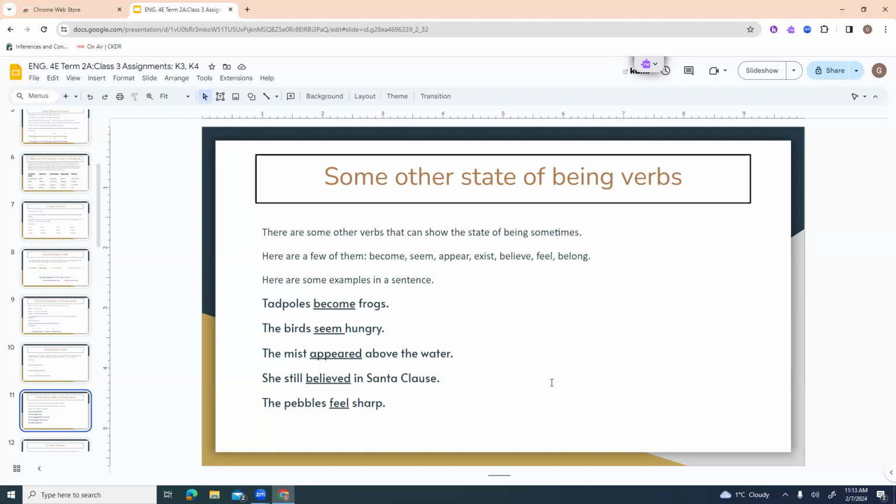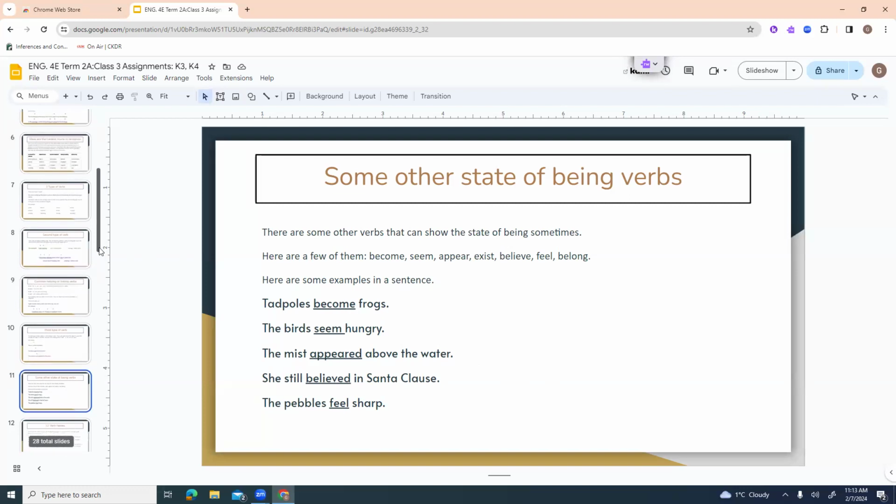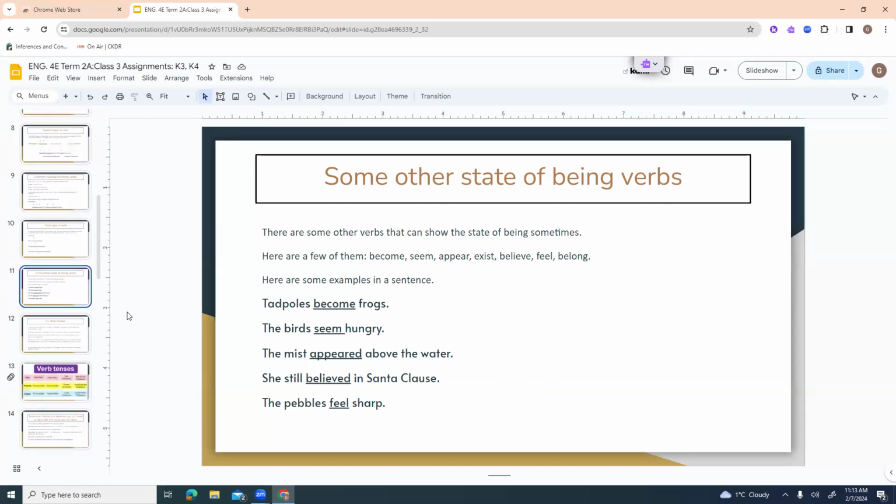The pebbles feel sharp. And a lot of those, they aren't really working as an action. They certainly aren't helping verbs. They're more or less just telling you what the subject's state, their condition, is. Again, it doesn't matter that you know what it's called, but I do want you to be aware that those ones sometimes are tricky because you look at them and you're like, I don't know, is that really an action?